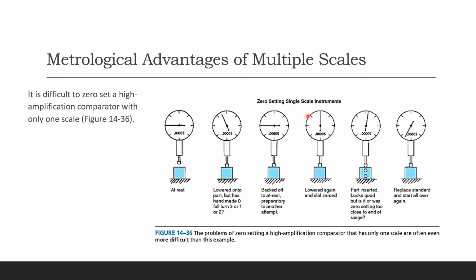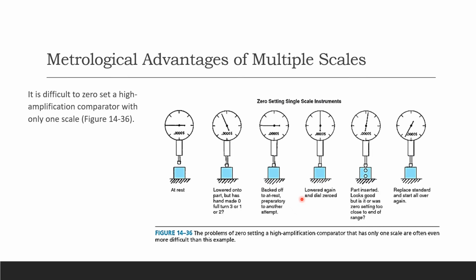So zero setting single scale instruments. The problem with zero setting a high amplification comparator that has only one scale is often even more difficult than this example. Here at rest, lower onto the part, and the hand makes a full turn, 3 or 1 or 2. What it's trying to say is it's difficult to control, because it's a high amplification comparator.